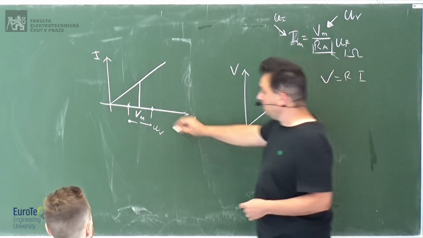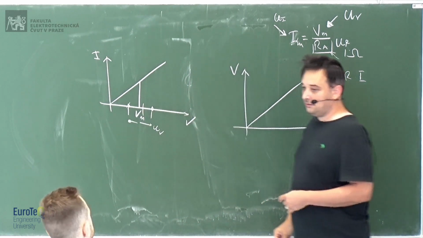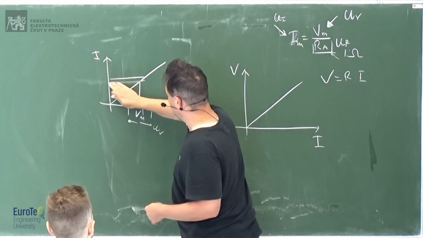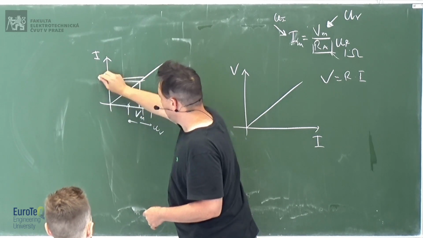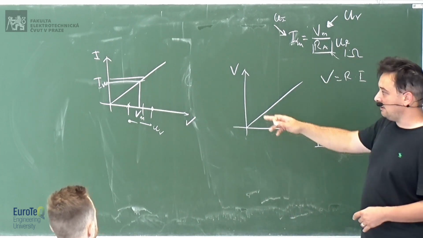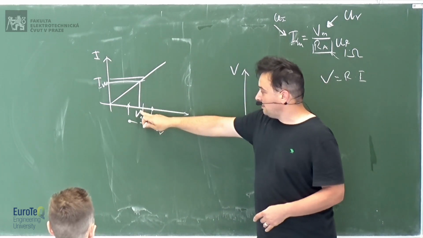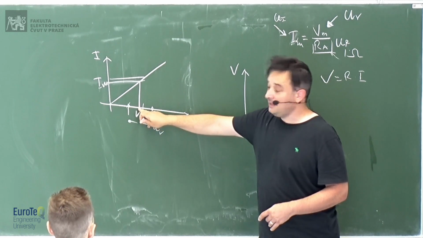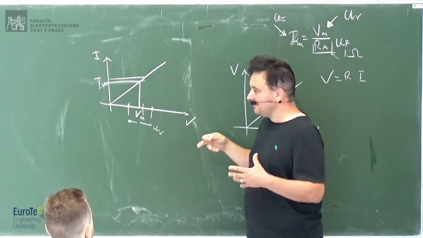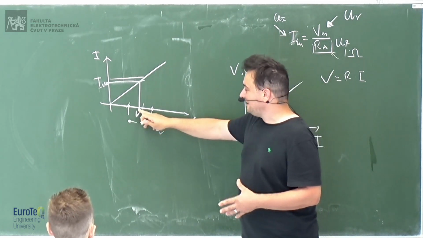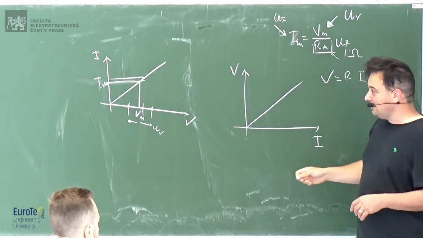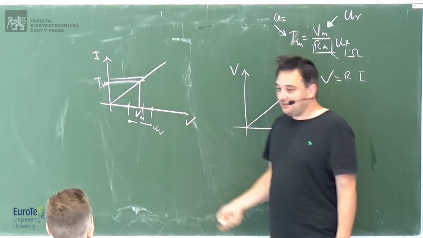If I have a larger voltage, I have a larger current. So this is the current. Let's say that, because I don't like to say real, because the central point is not necessarily the real value.